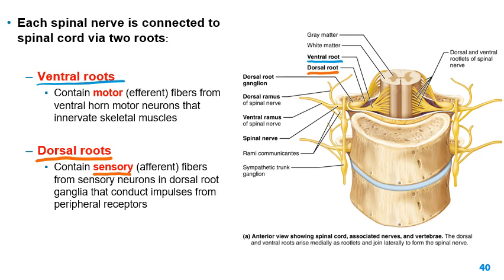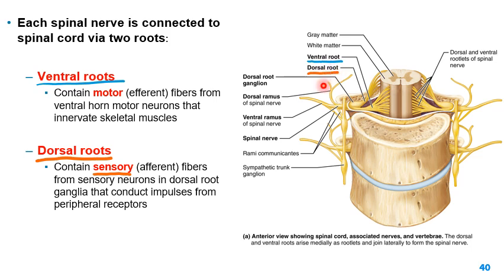So let's see what is going to happen with the connection of those nerves. It is going to connect to the spinal cord, and you're going to have 2 roots: the ventral root and the dorsal root. When you look at the dorsal root, this is close to the back, right?